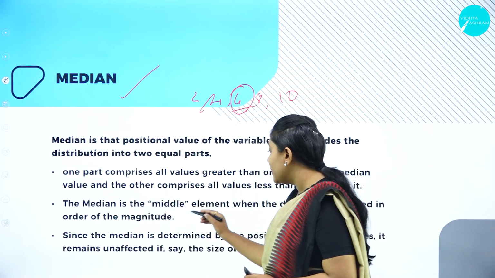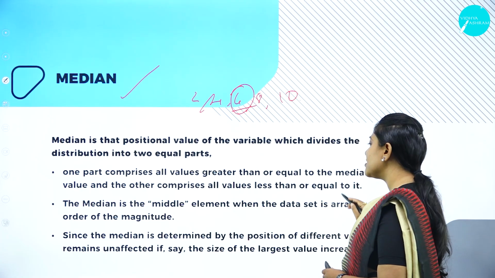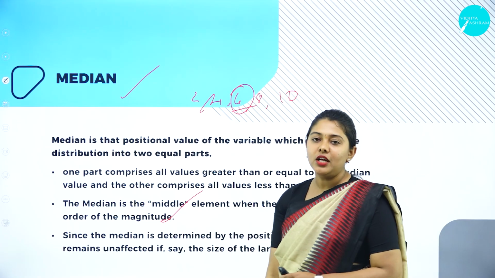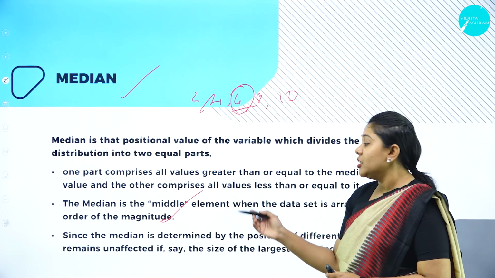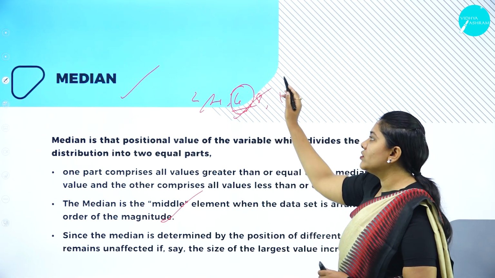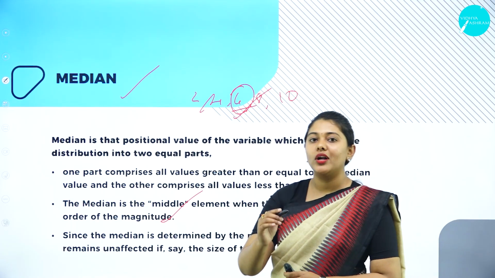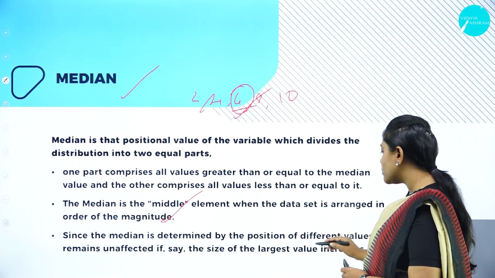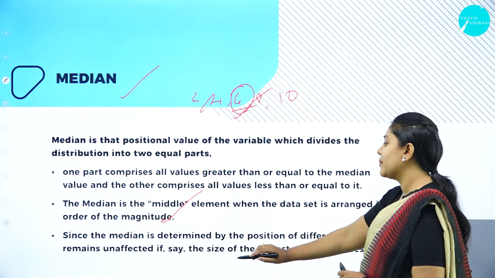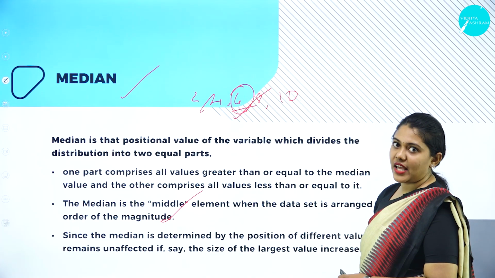The median is the middle element when the data set is arranged in an order of the magnitude. So what will be the median? The median will be the middle element. As I have told you, the middlemost value in the observation is called as what? Median. Since the median is determined by the position of the different values, it remains unaffected with the sizes.